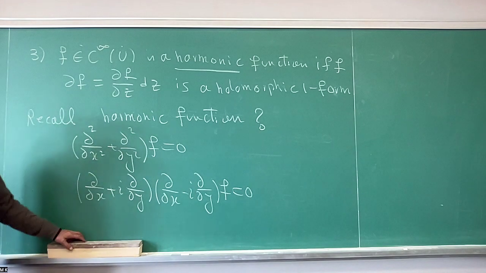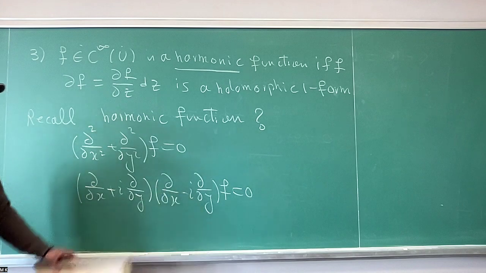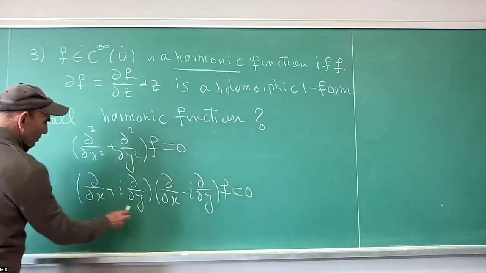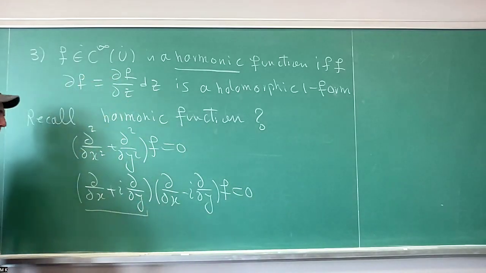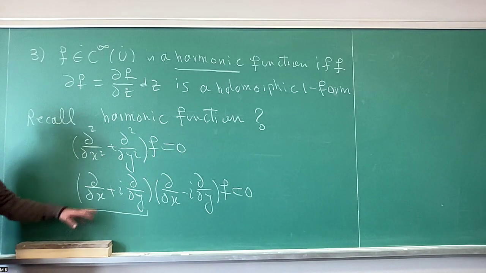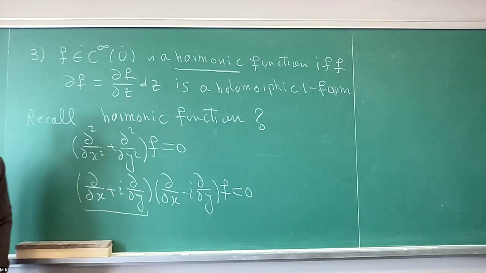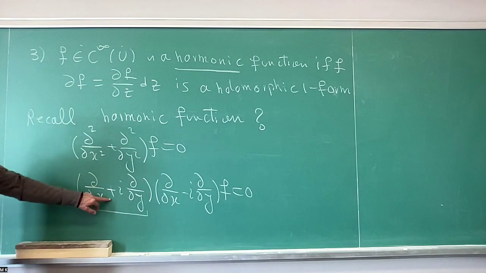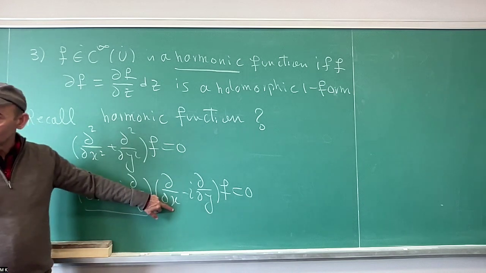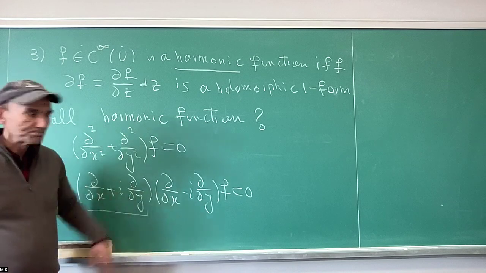Now we can write this in the following form. You remember this differential operator, d/dx plus i d/dy and d/dx minus i d/dy? That is partial z bar, and that is partial z.